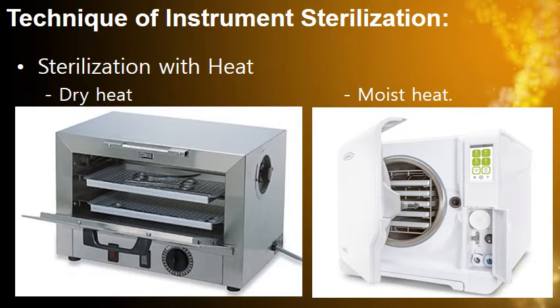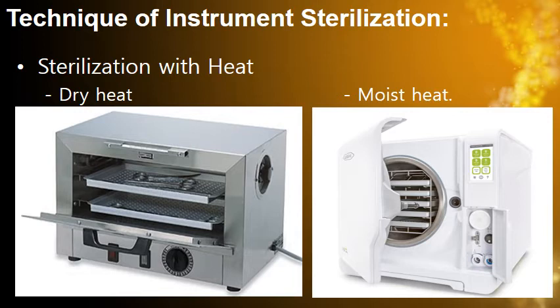Its advantages: its effectiveness, speed, it is available. But the disadvantage is the tendency to dull and rust instruments, such as burs, dental burs, especially the carbide burs. If I use them in the autoclave, after one cycle, when I take them out, I will see rust.